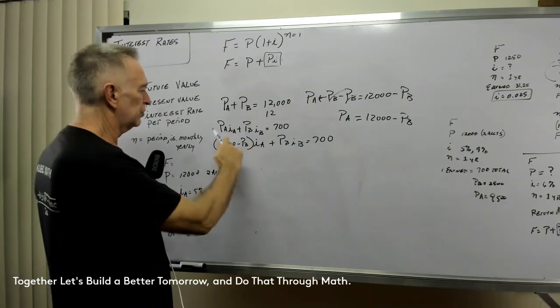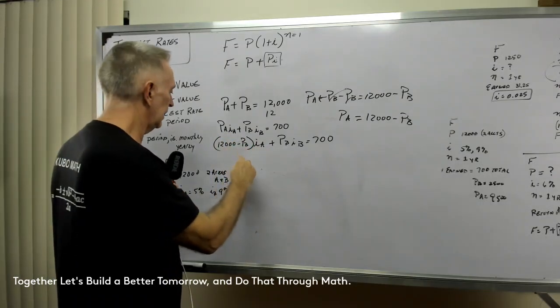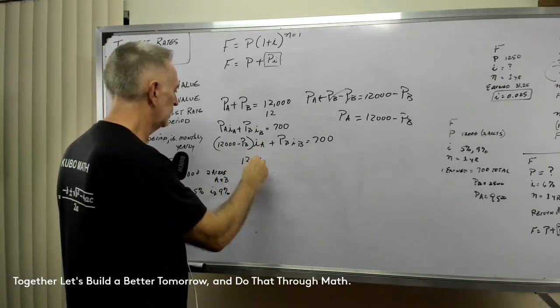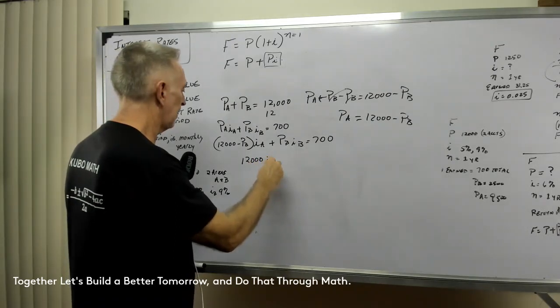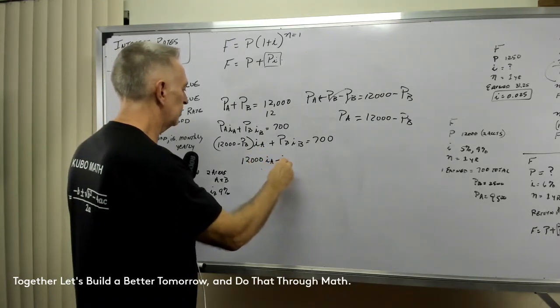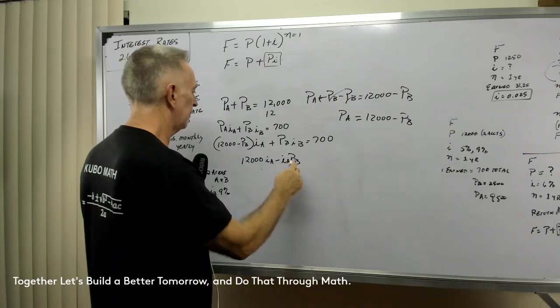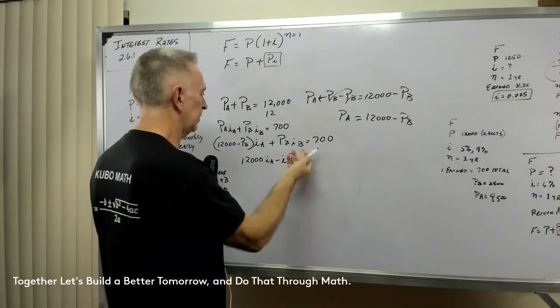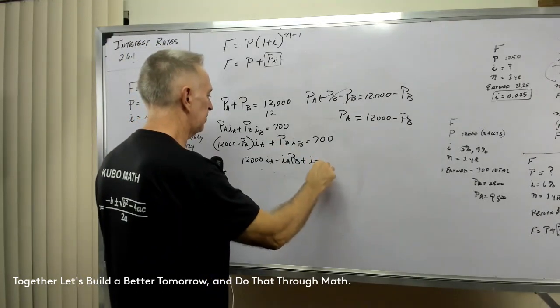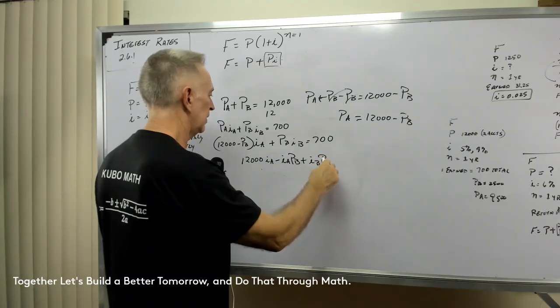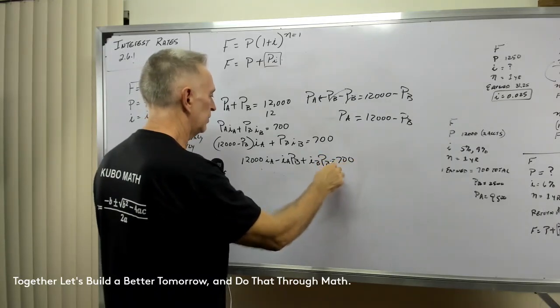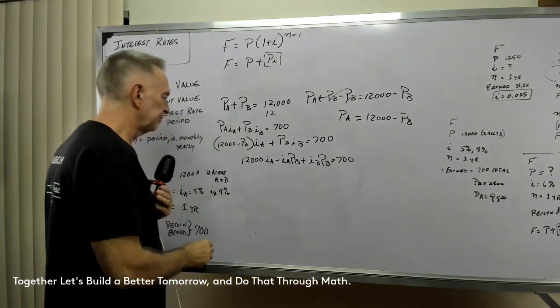So now let's distribute the I sub A inside. 12,000 times I sub A minus I sub A times P sub B plus, I'm going to flip these around, I sub B times P sub B, and that equals 700. You'll see why I did that in just a moment.